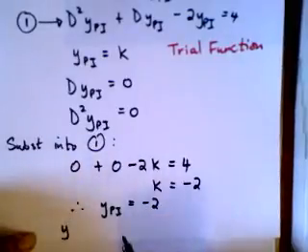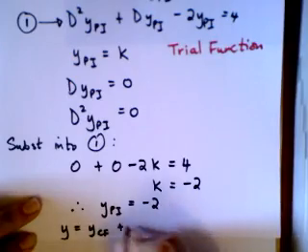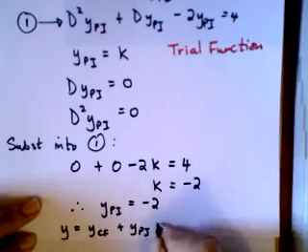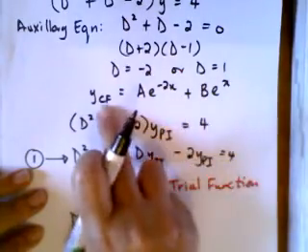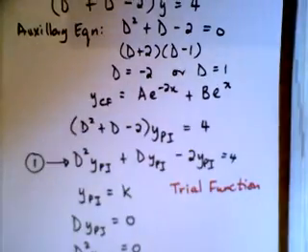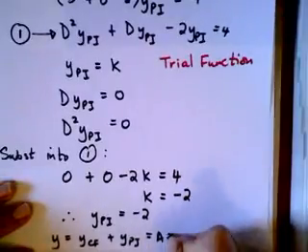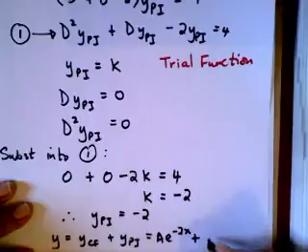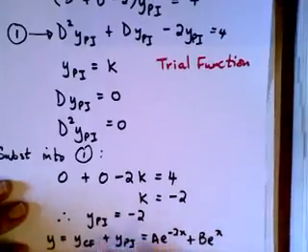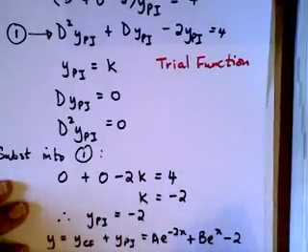Then the overall solution for y is going to be the complementary function plus the particular integral. The complementary function we found here is a e to the minus 2x plus b e to the x, plus the particular integral, which in this case is minus 2.